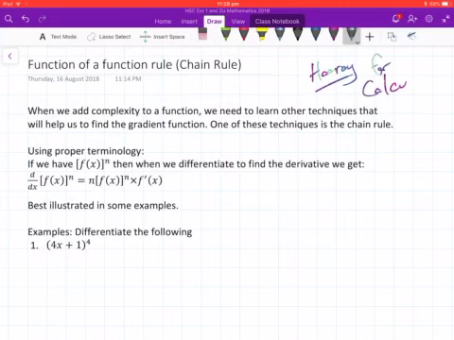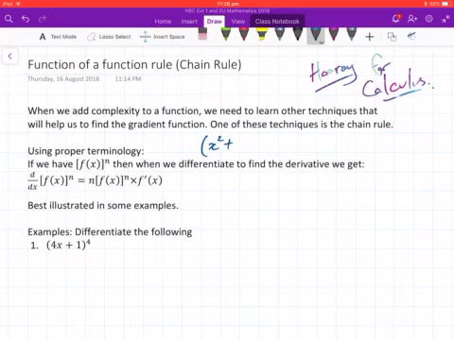For calculus. Okay, now we've got that out of the way, let's talk about what we actually need to do, which is the chain rule. So it's a tool. We're going to be adding tools to our techniques for differentiating, finding the gradient function of a particular function. And one of these techniques is called the chain rule. So basically, if you have anything that looks like this, I'll draw a couple of examples in blue.